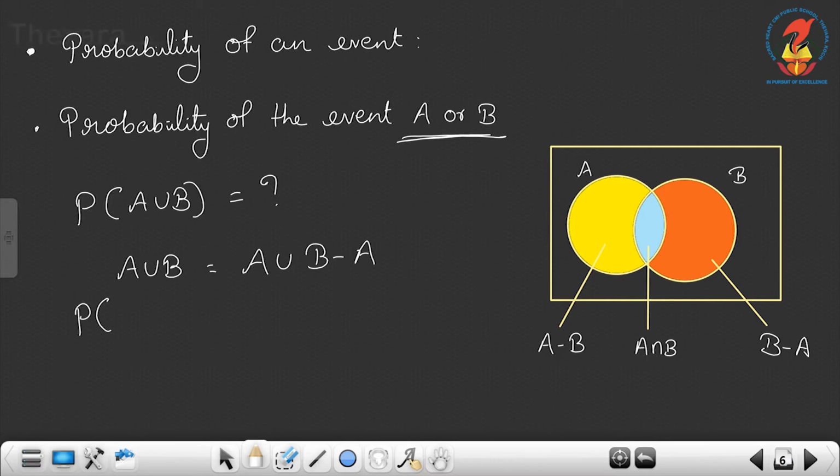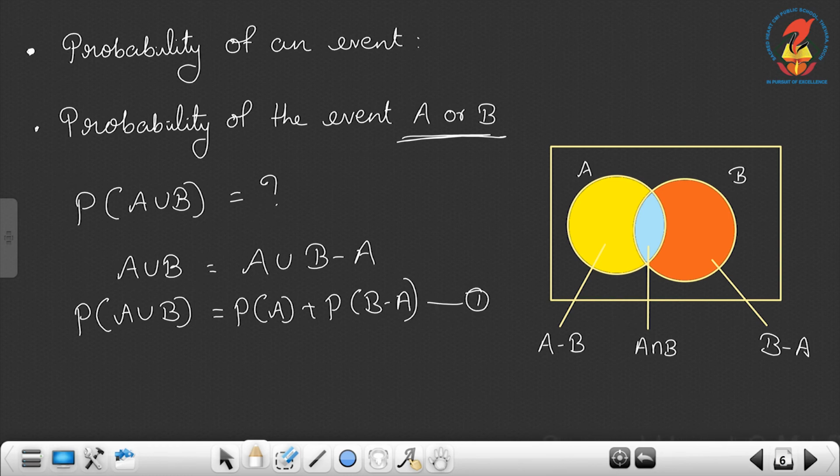So using the axiom I can write P of A union B as P of A plus P of (B minus A). Okay, this is equation 1. Now I am taking the set B as (A intersection B) union (B minus A).